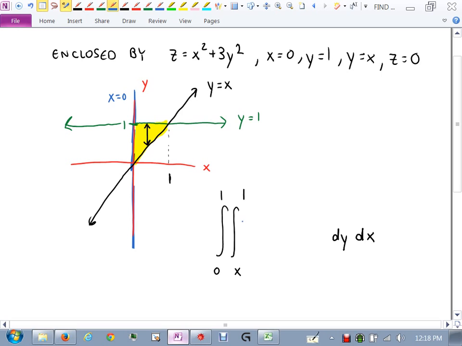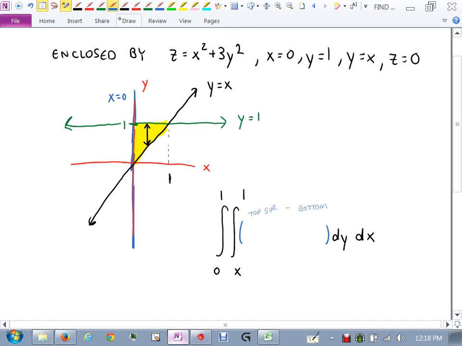Here's the part that requires a little bit of thinking. It's your top surface minus your bottom surface. For us, the top surface was the paraboloid, which means you have to be able to describe the paraboloid as a function of x and y. But just replace z with f of x, y, right? So this is the actual surface of the paraboloid. That's our top.